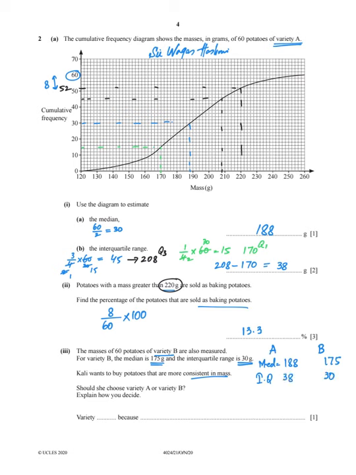So the answer is variety B, because the interquartile range is smaller than variety A's. That means the consistency of mass for variety B is better than A.